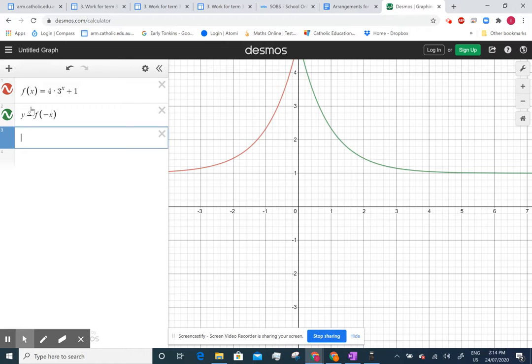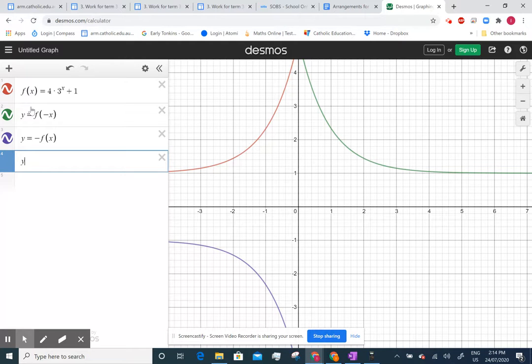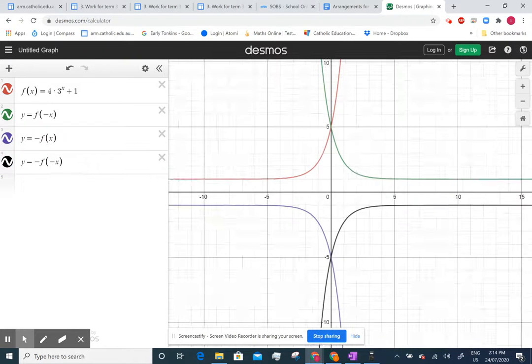Okay, well, let's go y equals negative f of x. And there's the one we did before. So see how it flips? And then one more, let's do y equals negative f of negative x. There you get all those curves that we just did.